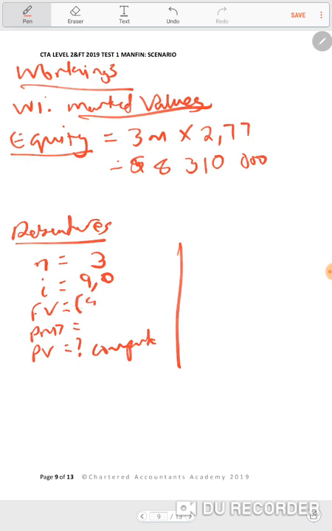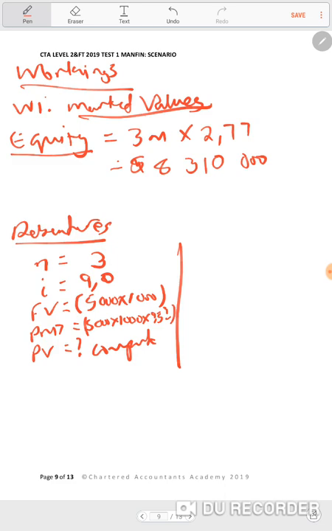So it's going to be 5,000 debentures times the nominal value, which is $1,000, and then for our PMT, it's going to be 5,000 times 1,000 times 9.5%. So this is on an annual basis. Then you compute our PV.